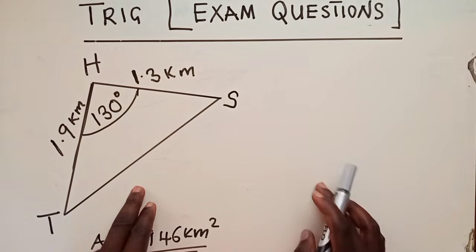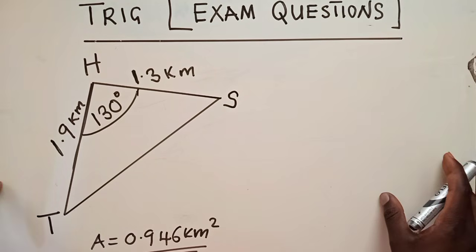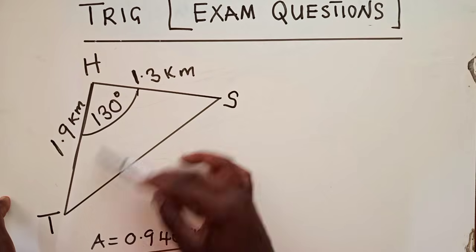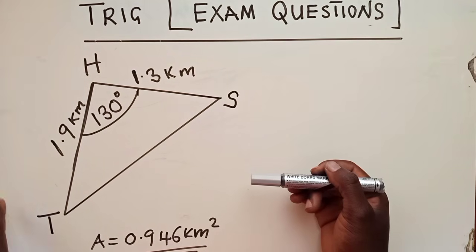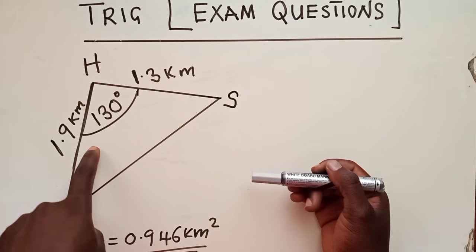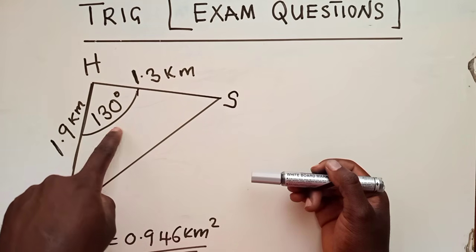Now for us to find distance, it's either we use sine or cosine rule. Now which one is working for this one? Is it sine rule or cosine rule? When I look at it nicely, sine is not working. It's a cosine rule. Because you use cosine rule when you have an angle that is included.